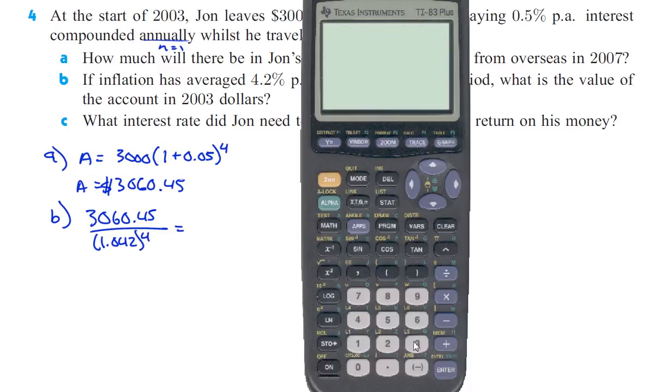So 3060.45 divided by 1.042 to the 4th, and that gives us 2596.06.